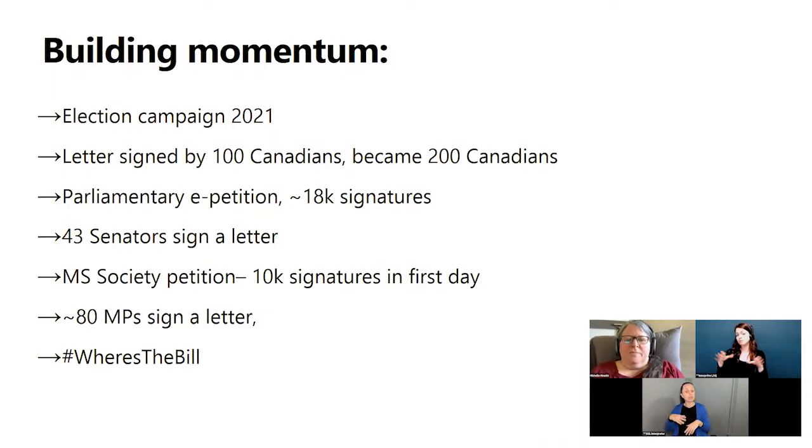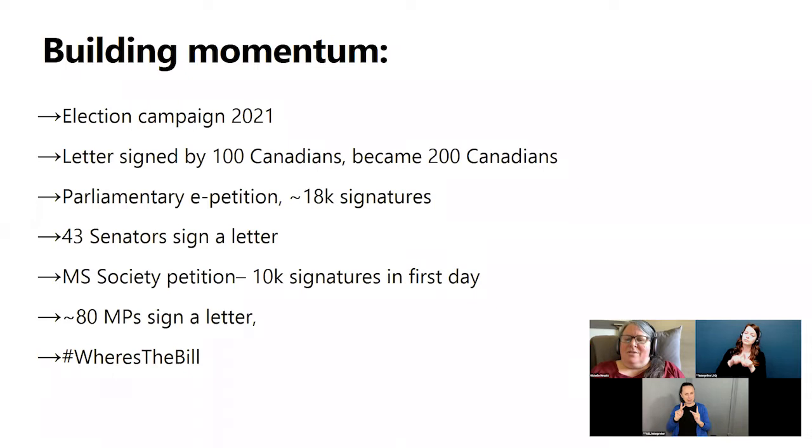After the election, when the government was settling into its new business, we wrote a letter that we wanted to get the signatures of 100 Canadians on. And we got 200, including prominent politicians like former Senator Art Eggleton, and authors like Tara Moss.